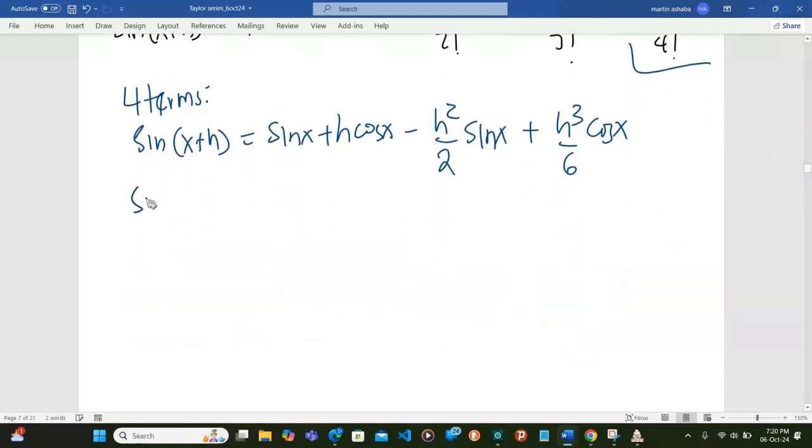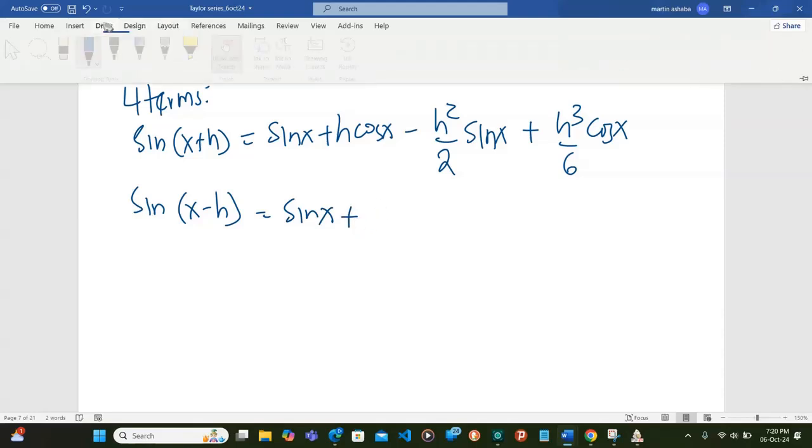So what is sine of x minus h? Just put in the negative h in here, so this becomes sine x plus or minus, it is minus.